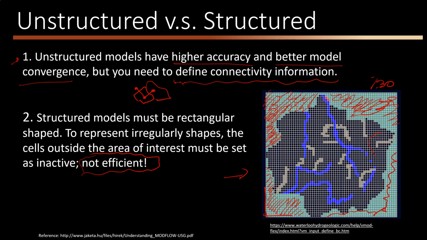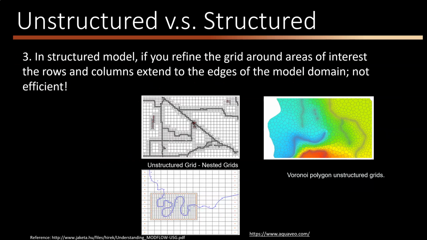But if I want to use an unstructured system, I don't have to have these extra cells. I can limit my model exactly and very efficiently within the spatial domain of the conceptual model. This is a big difference.